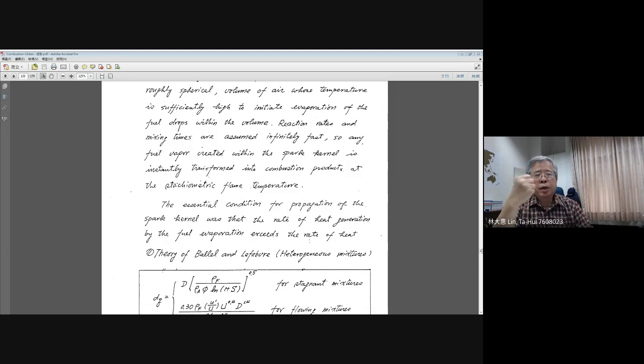The third thing you need to think about is the gasification coming from the liquid fuel.